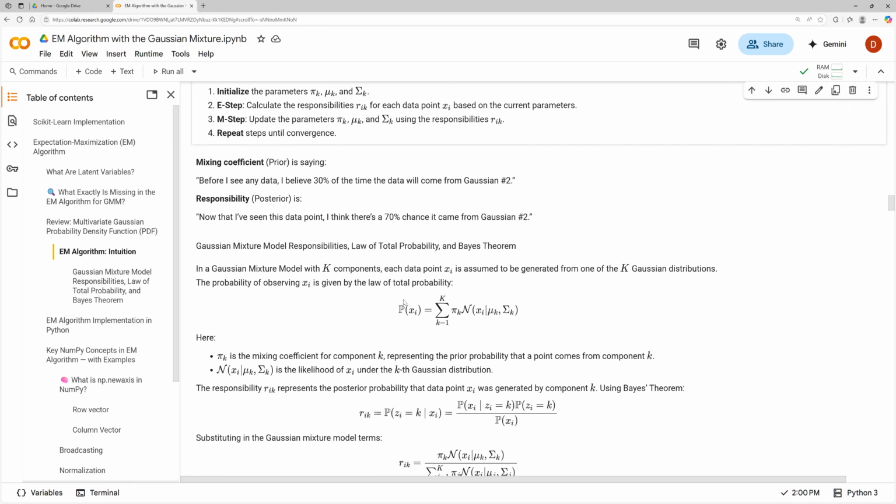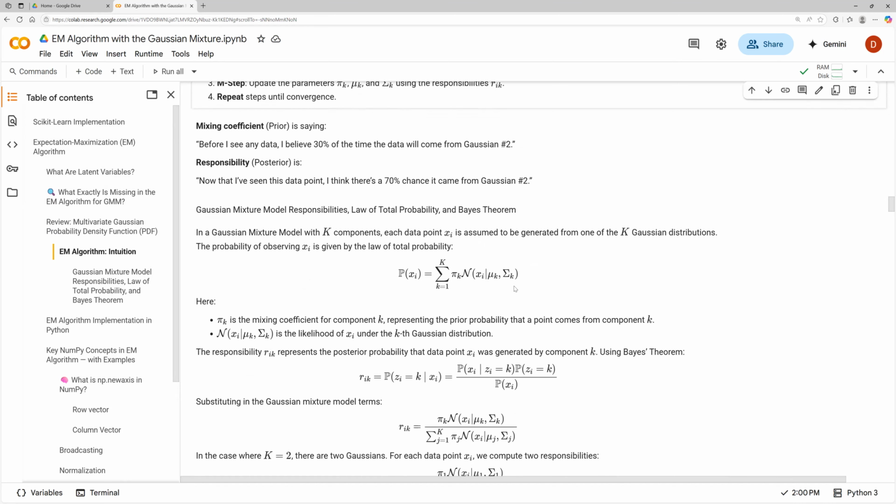If we had two Gaussian components, it would be pi 1 times the normal distribution of x conditioned on mu 1 and covariance matrix 1, plus pi 2 times the normal distribution of x conditioned on mu 2 and covariance matrix 2. That's how I would expand it.